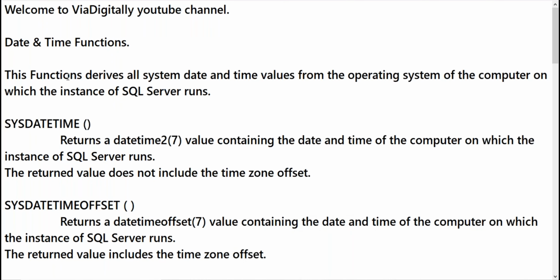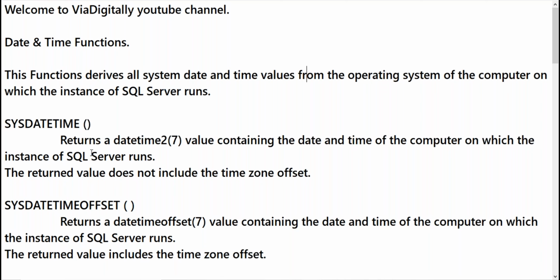These date and time functions derive all system date and time values from the operating system of the computer on which the instance of SQL Server runs. That means the operating system date on which the SQL Server instance runs is the system date.